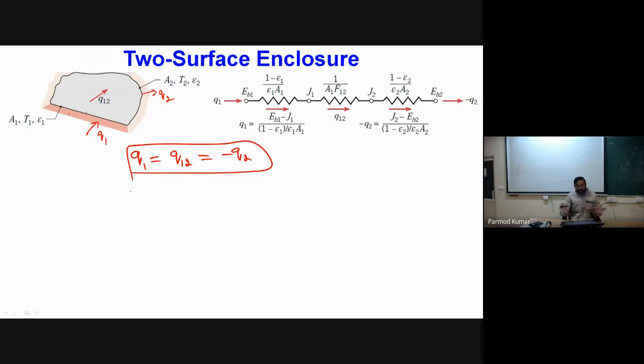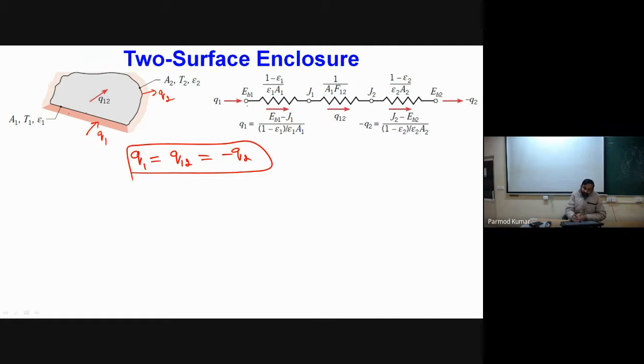Because with only two surfaces, the total radiative heat leaving a surface equals the net radiation exchange between the two surfaces, and if one is losing heat, the other will be gaining, so it is represented with a minus sign.